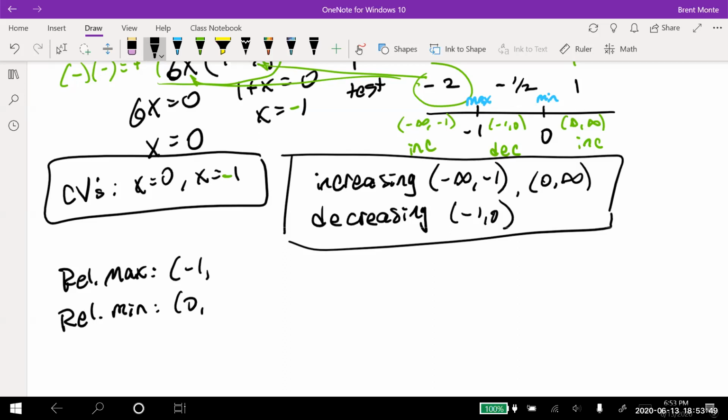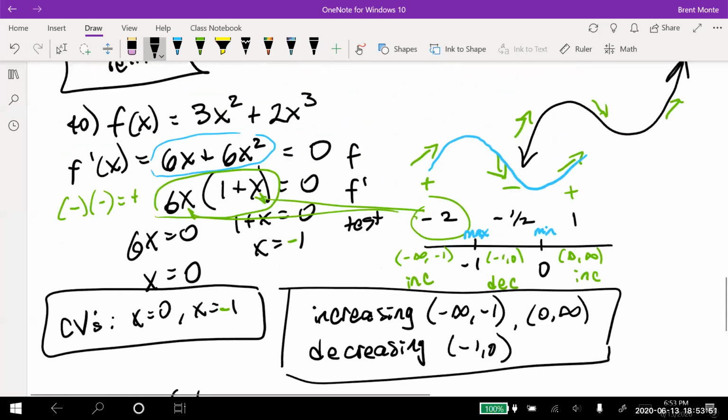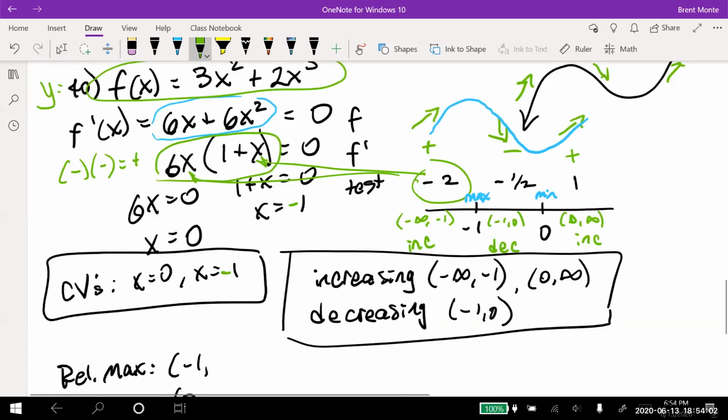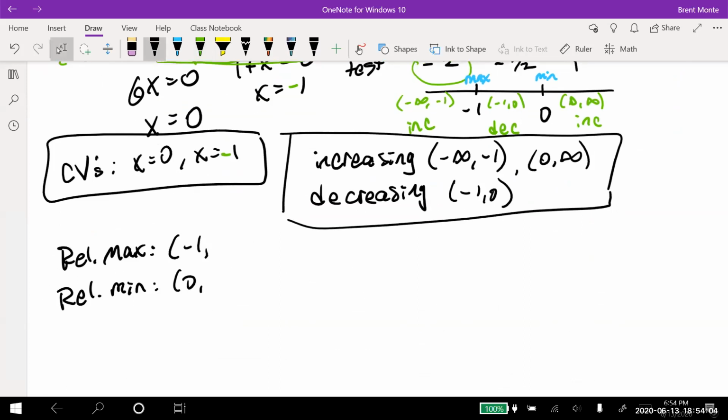0 is easy, because remember, we're plugging back into the original function. So I'm going way up here to the original function to get my y value. Well, if I plug in 0, I just get 0. So my relative min is 0, 0. That was f of 0 equals 0. And we'll do f of -1.